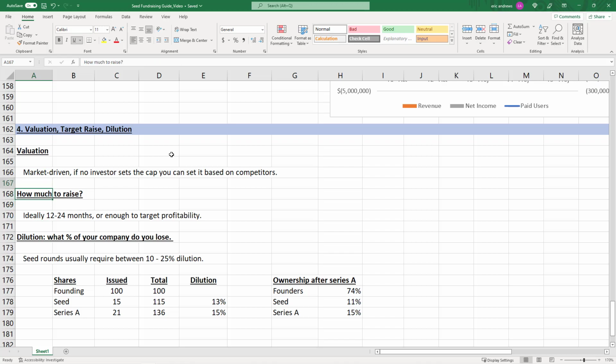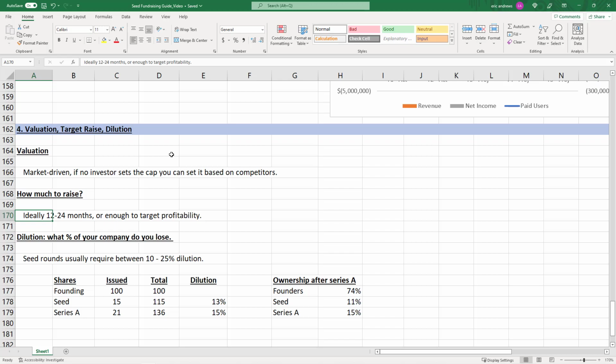A big consideration for your valuation is how much you need to raise. So ideally 12 to 24 months. Right now we're going into a really rough time for fundraising, so you want to target the longest period of time just in case you can't raise money for a while, because consumer demand might be lower and investor demand might be lower. So you might say 24 months.